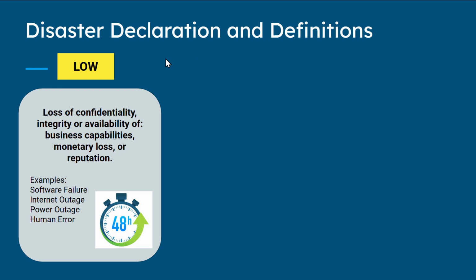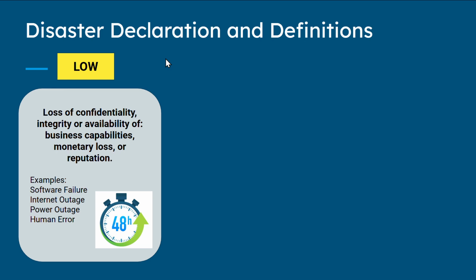So there are three levels of disaster declaration and definitions according to our company, and typically what's outlined within the audits and paperwork. The first is of a low nature, like a loss of confidentiality, integrity, availability, business capabilities, monetary loss, or reputation.